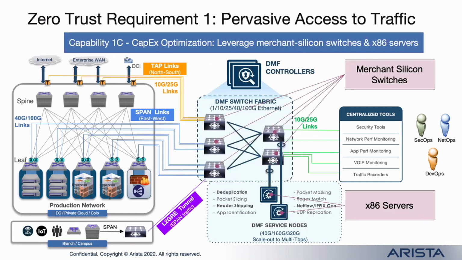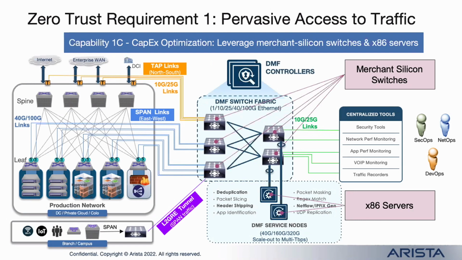The third is, if you're going to do pervasive monitoring, then we are going to have a lot of boxes, a lot of devices. There's a cost equation to that, and we want to make sure that we don't break the bank. And so CapEx optimization becomes very important. And here we use a tried and true approach, which is to leverage merchant silicon, not custom proprietary, scale up hardware, but merchant silicon switches and x86 servers.